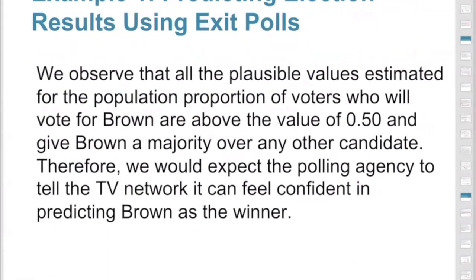Okay. So we observe that all plausible values estimated for the population proportion of voters who will vote for Brown are above the value of 50%. And they give Brown a majority over any other candidate. So in this case, we expect that Brown will win in this election.